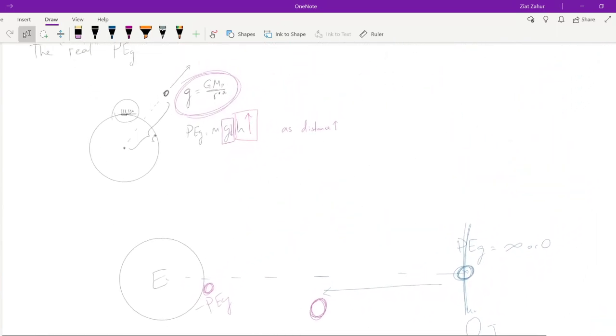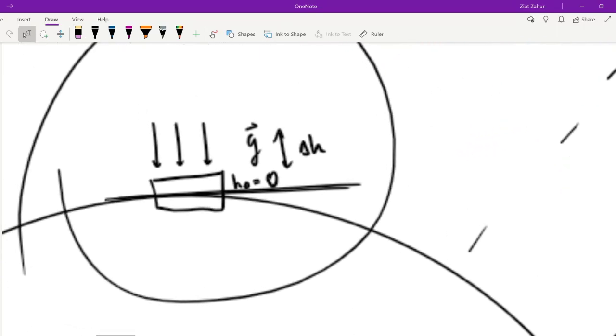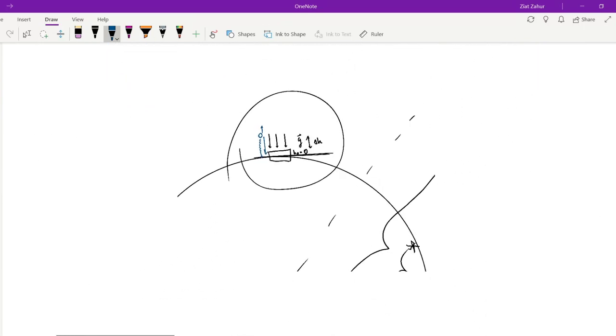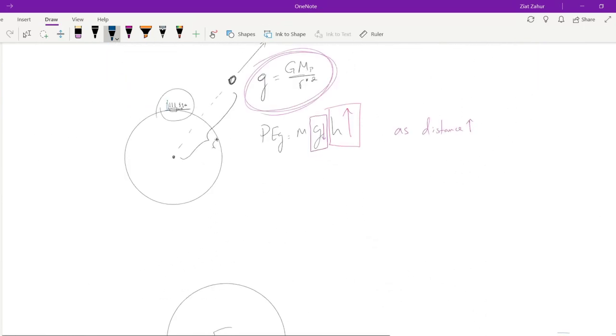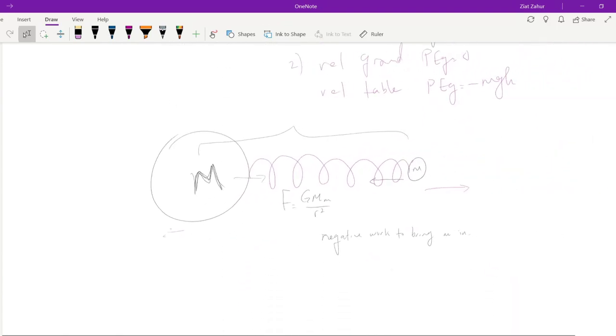Similarly, if we go back to our Earth surface gravity model, gravity is like a little spring attached to the ground, and if you go higher and higher, you're stretching the spring, and when you let go, the spring collapses, and then you accelerate, and kablamo, your PEg turns into KE. So same thing is happening here. By allowing it, we are losing potential energy and gaining kinetic. So to bring it closer means to do negative work.